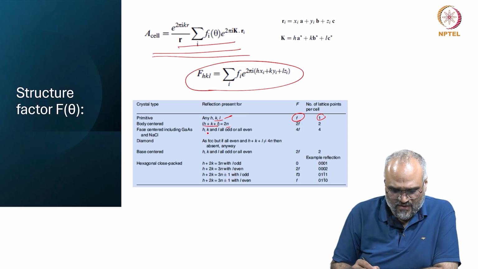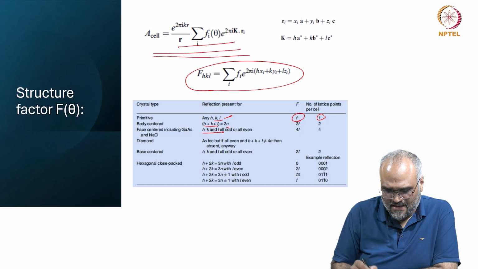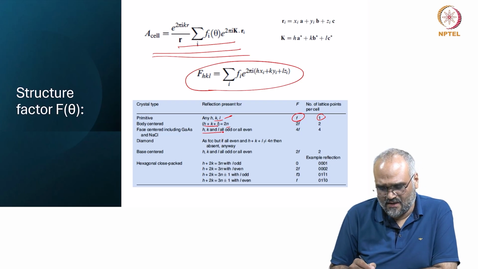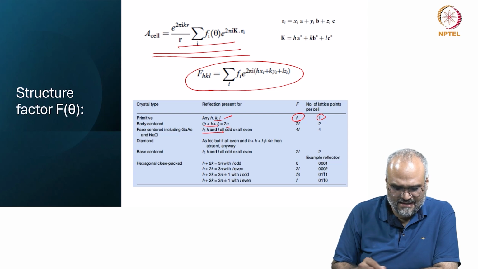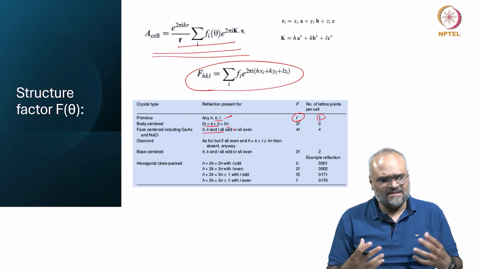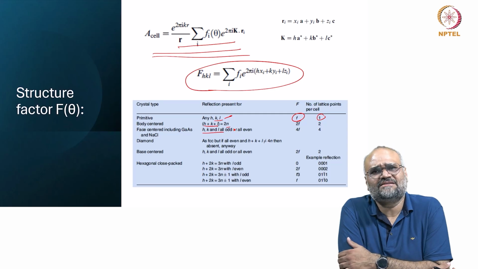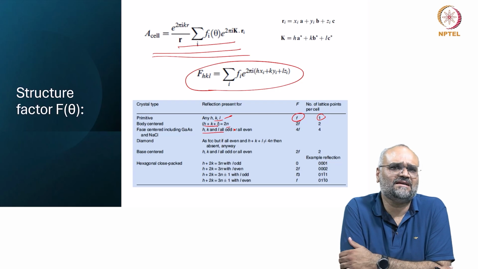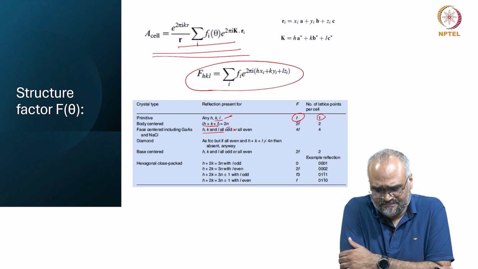Likewise, for a face-centered cubic, I need to have the HKL all odd or all even, and then I get the maxima. So based on the type of the crystal class, you get different situations where you get a maxima or minima, and you use these rules to start indexing the diffraction patterns.